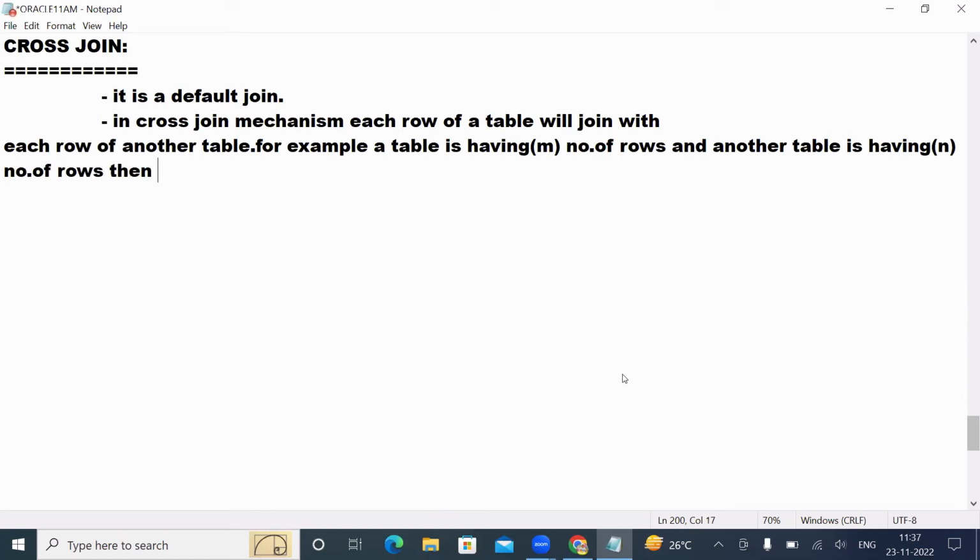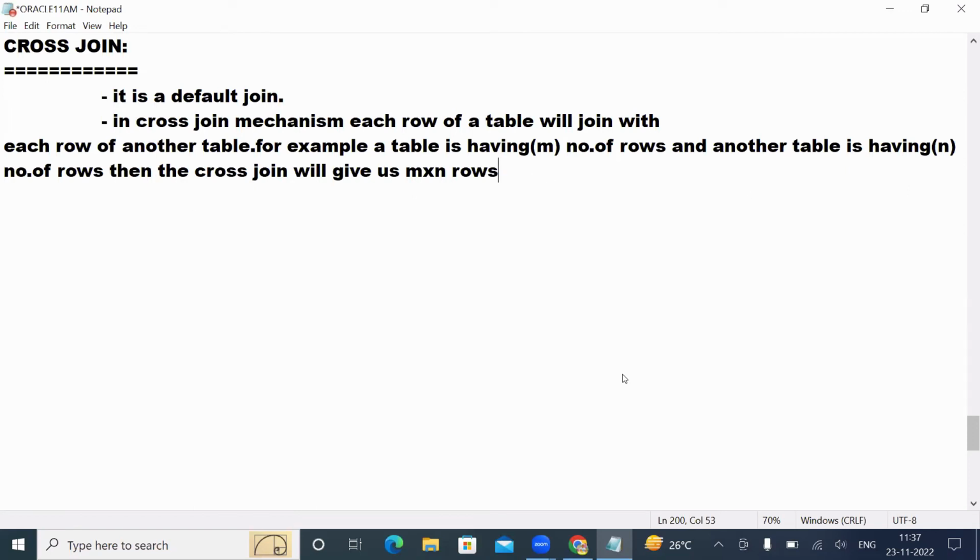Then if you apply the cross join, it will give us m cross n rows. Understand now? It will give us m cross n rows.